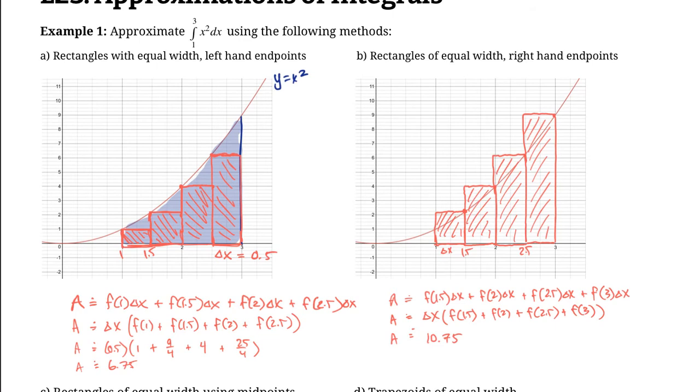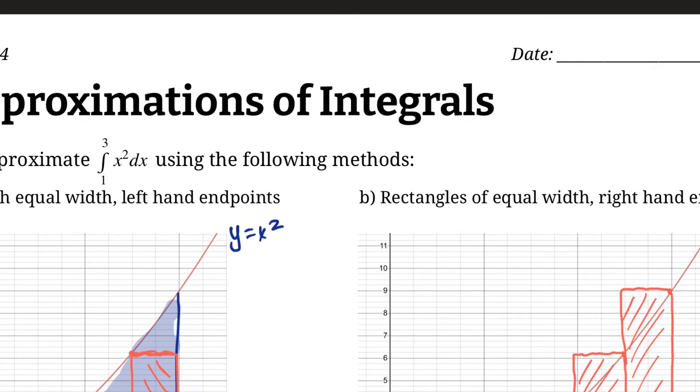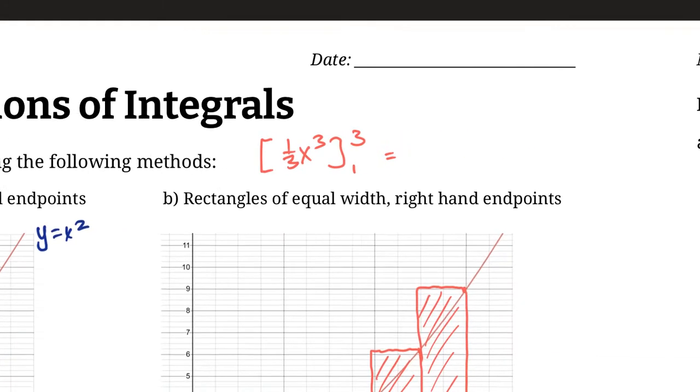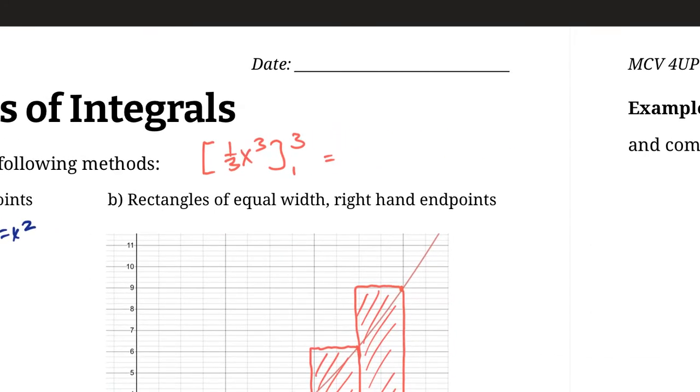Well, why don't we just evaluate this integral? Why don't we see what the exact answer is? To find the exact answer, we just integrate x squared. So the integral of x squared is 1/3 x cubed. And we have to evaluate that between 1 and 3: evaluate at 3, evaluate at 1, and subtract.